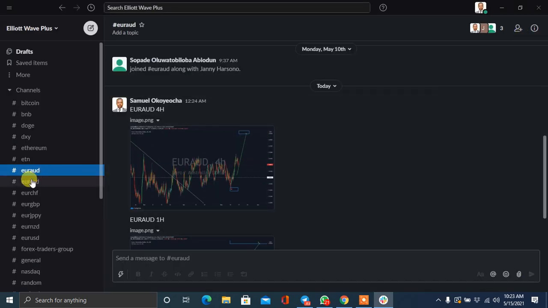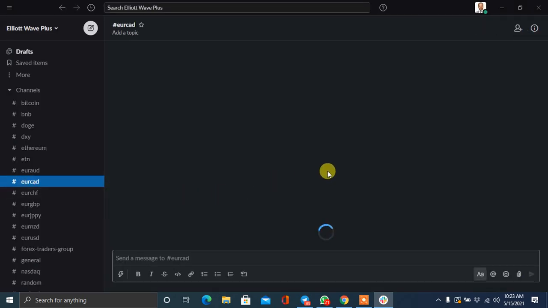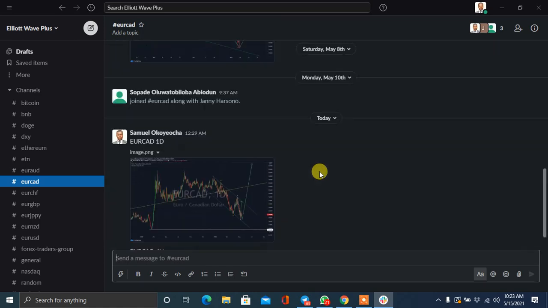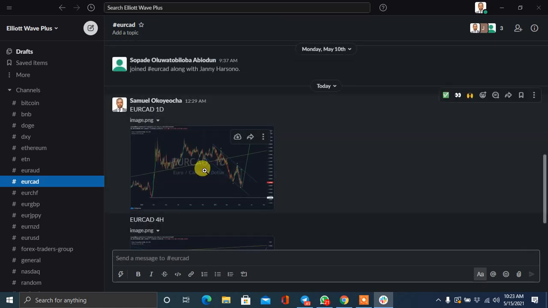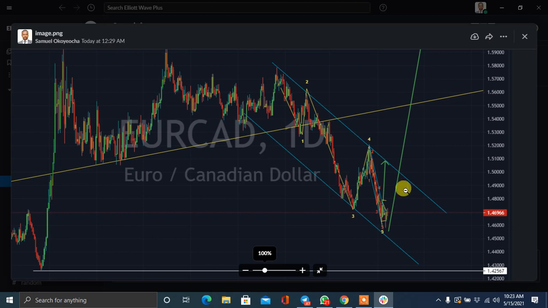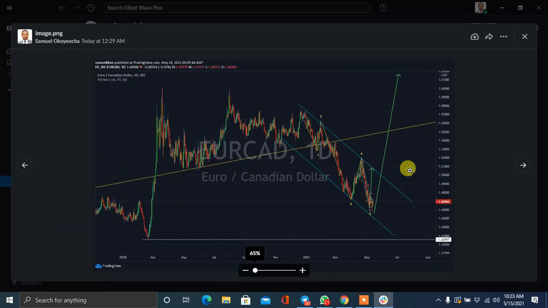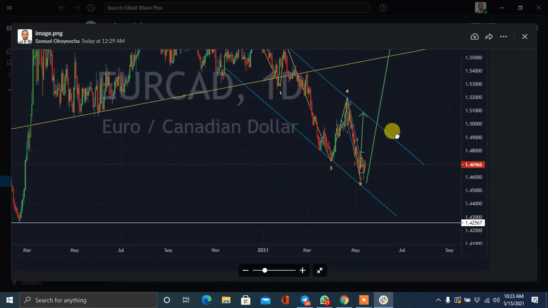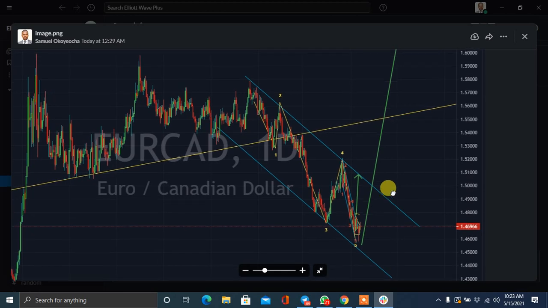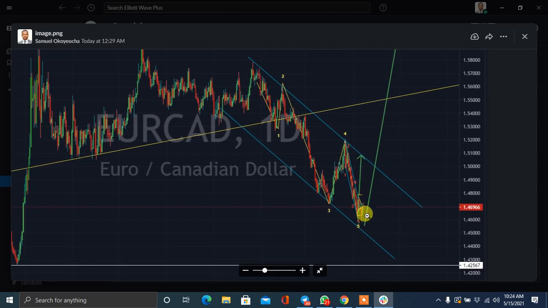Euro CAD. This is the daily chart. We are almost in the daily candle, and we expected this to happen.